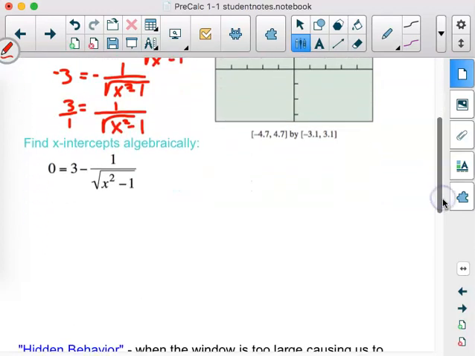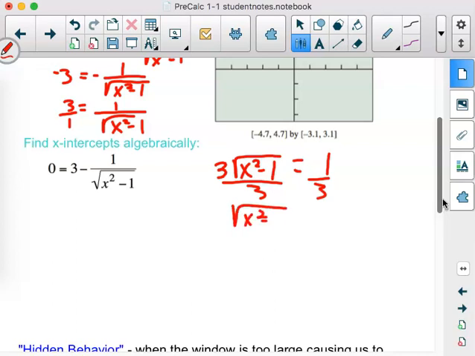So we would have 3 square roots of x squared minus 1 equal to 1. And we just keep going. We divide both sides by 3. Got to get rid of the square root. How do you get rid of that? You square it. Square both sides.